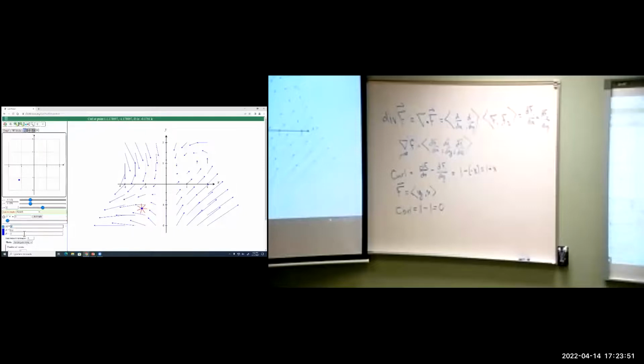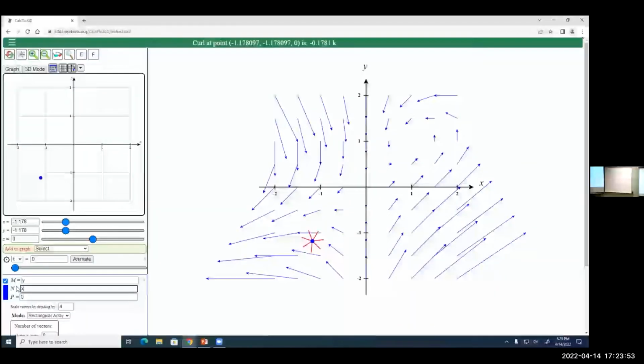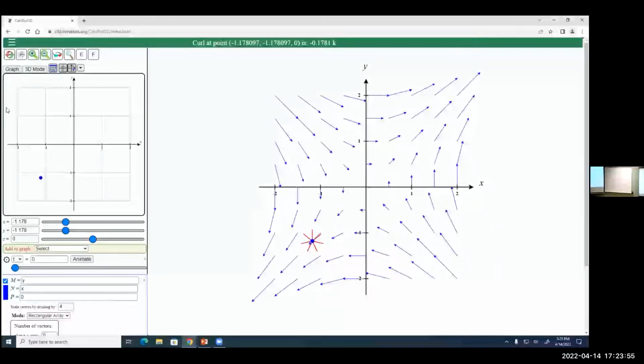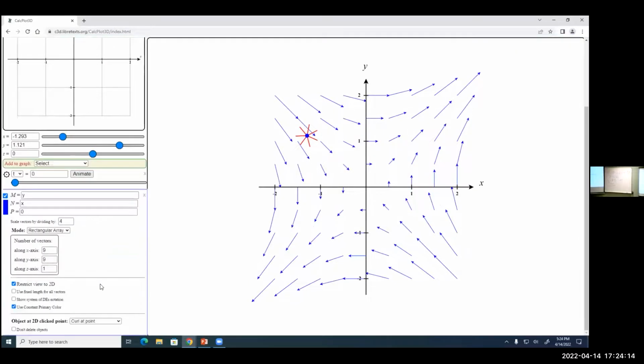So we're going to put in y, x. Now when I move that point around, no matter where I have it, there's no rotation. That's what you should see in a conservative vector field, or a path independent vector field. That's what it looks like when our curl is 0. This is something you guys have access to that you can play around with when you're working on a vector field. It'll work for 3D vector fields too.